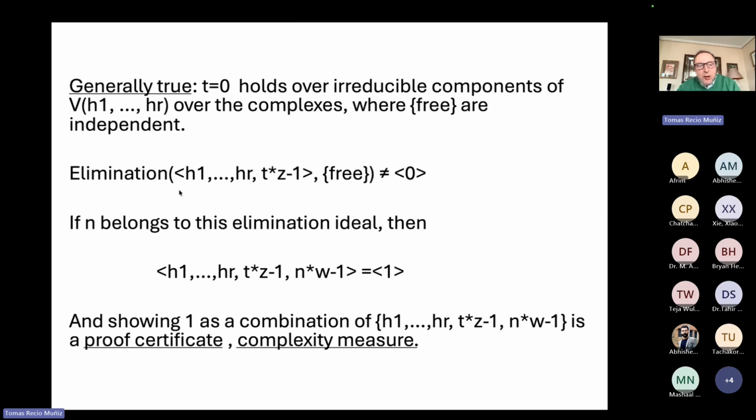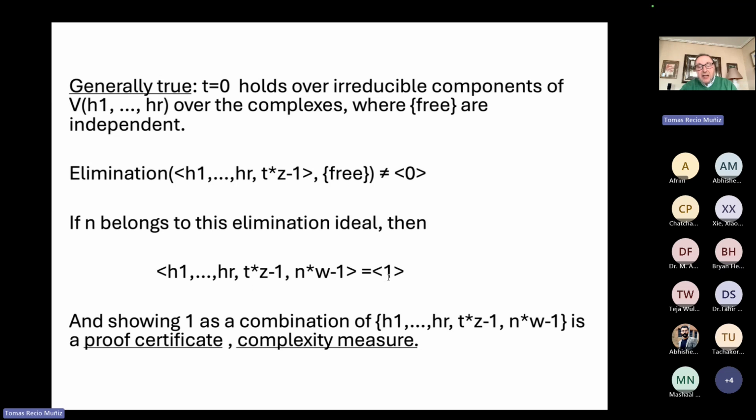So in particular, we do a proof by contradiction. We consider the hypothesis, we consider the negation of the thesis, and we look for the elimination of this ideal over the free variables. And if it is different from zero, then we say that it is true. And if it's true, this means that 1 belongs to this ideal.